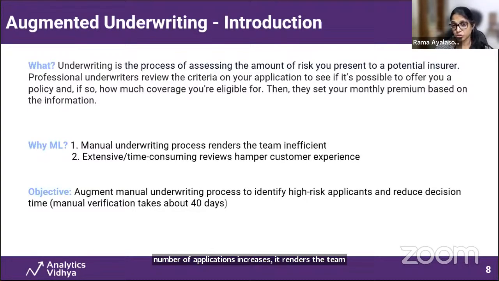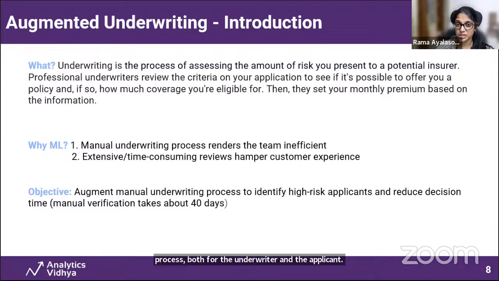You'll have to go through all of the application information, and then there are lab tests to follow to check if a person is consuming or is under influence, or how is his health condition in general, what is his cholesterol level, and so on. That is not a convenient process for both the underwriter and the applicant. It's time-taking for both of them.